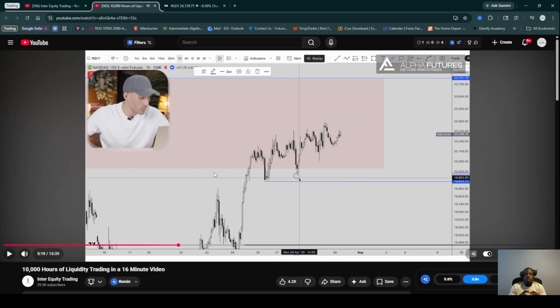One thing I'll say also is if you notice how on the weekly and then we shrink down to the daily and then 4 hours and 1 hour, notice one big key difference. Whatever happens on the high time frame also happens on the lower time frame, meaning it's fractal.